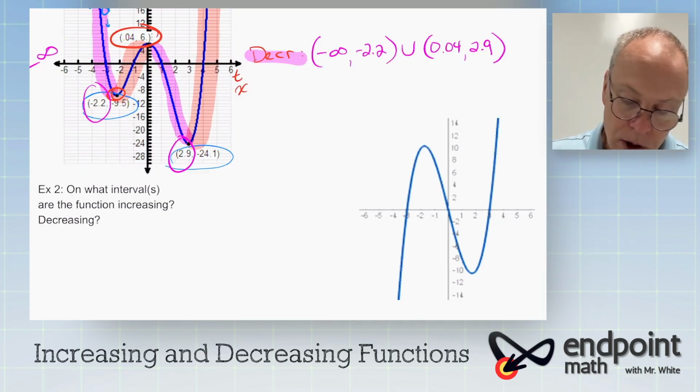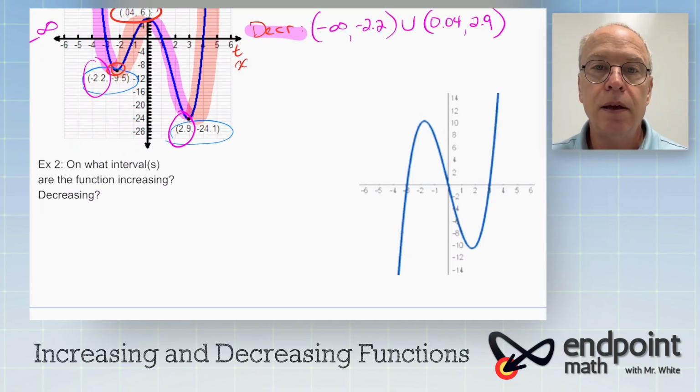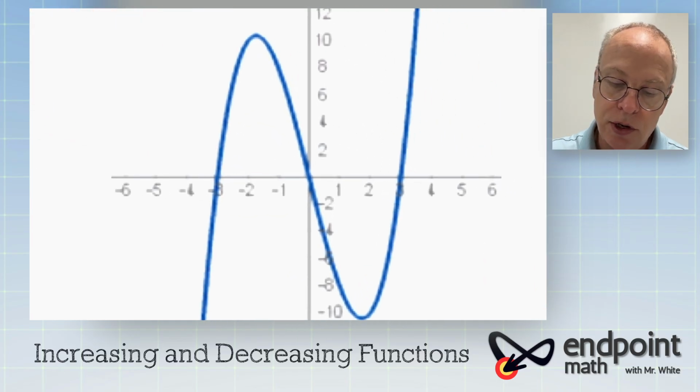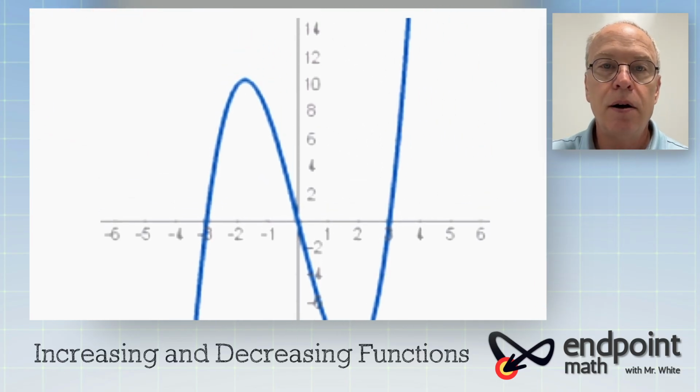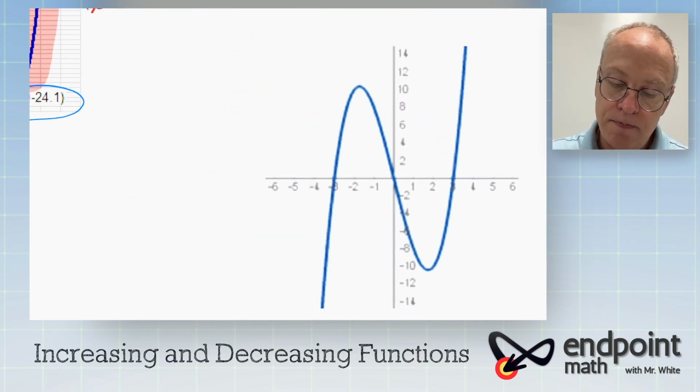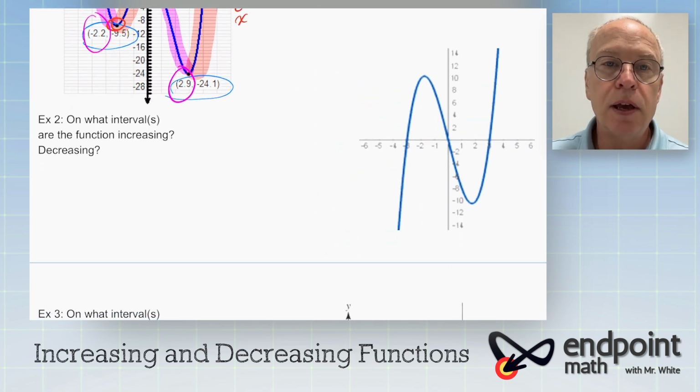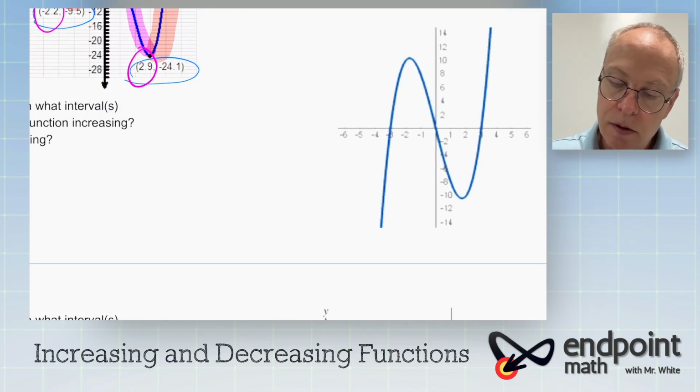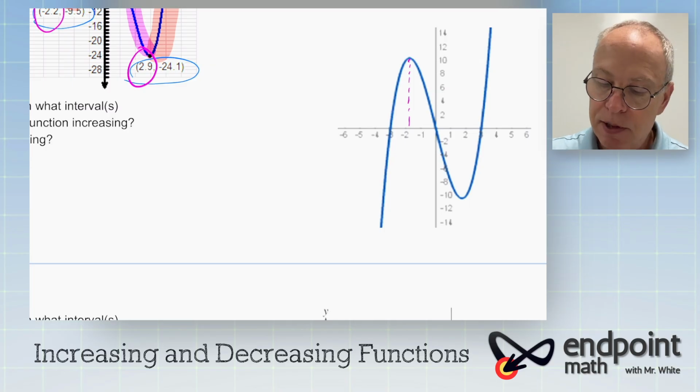So you might want to pause the video and just real quickly see if you can answer this question. This is a little bit hard to see. And I don't give you the function here. You're just sort of looking at the graph. Okay, so we see something happens here. This is like at negative 1.8.